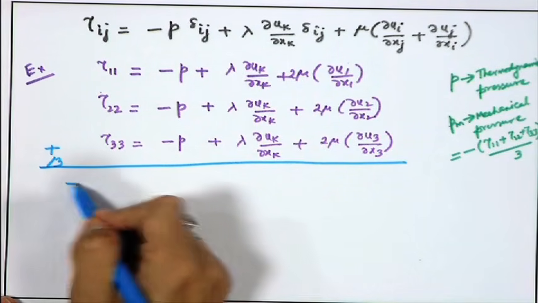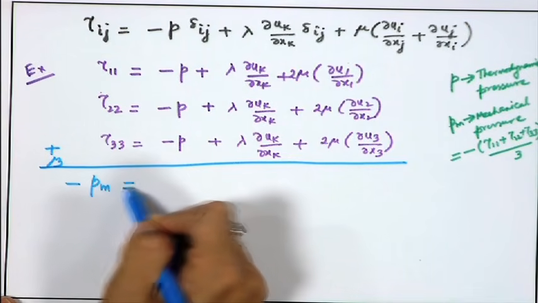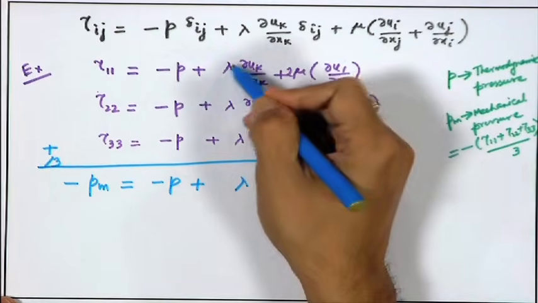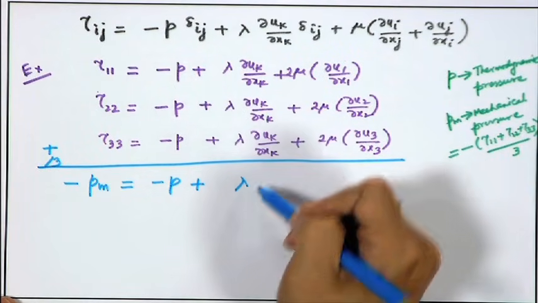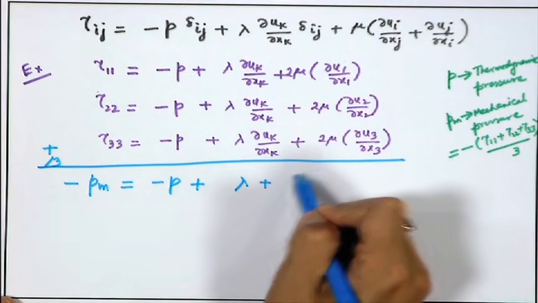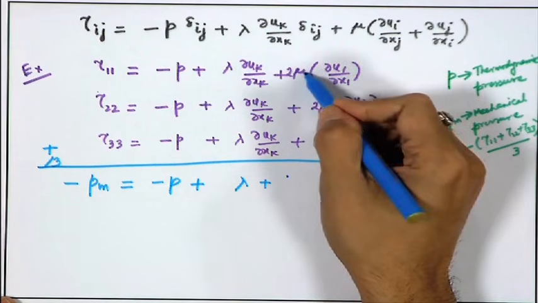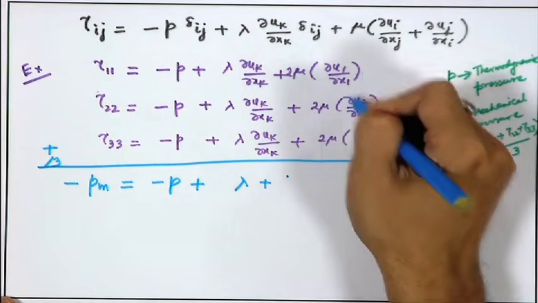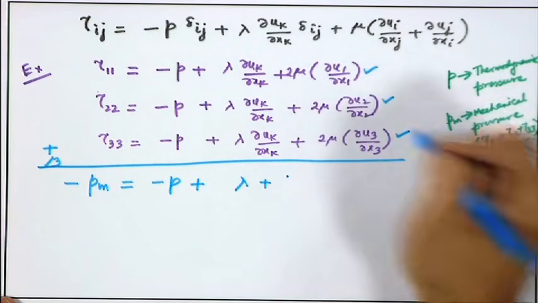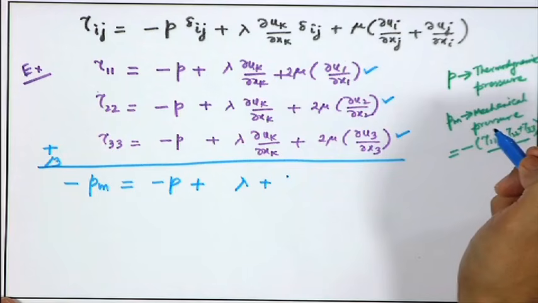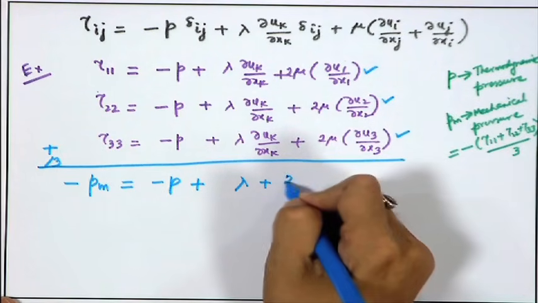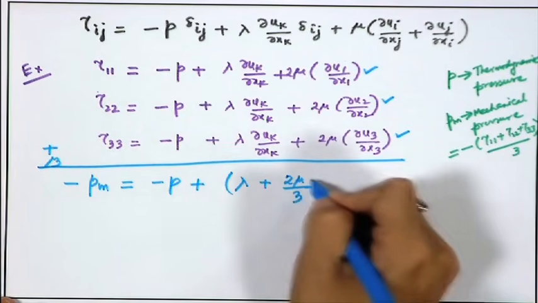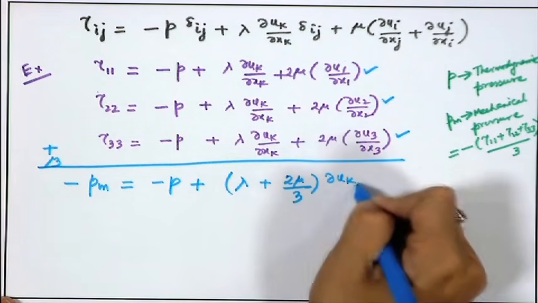So, that will become minus Pm is equal to minus P plus lambda, 3 lambda by 3 will become lambda, plus this will be 2 mu into del u1 del x1 plus del u2 del x2 plus del u3 del x3. So, that is 2 mu into del uk del xk. So, that becomes 2 mu, then divide by 3 becomes 2 mu by 3 del uk del xk.